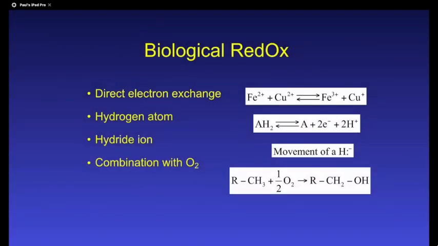Now, biological redox types of reactions can have electrons move from metal centers, and we can have oxidation reduction directly. We can reduce things by adding hydrogen atoms with electrons. We can react with oxygen directly, but a lot of times, mechanistically, we are going to have hydrides move.